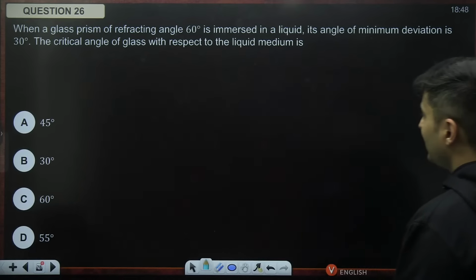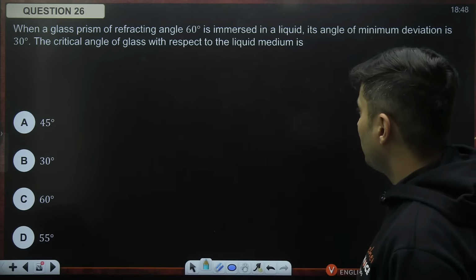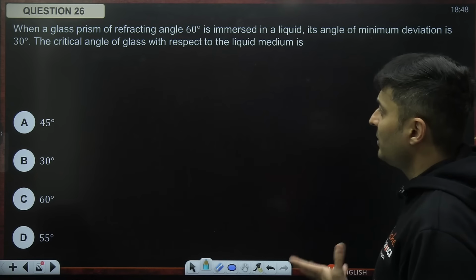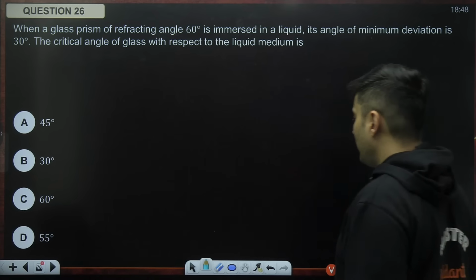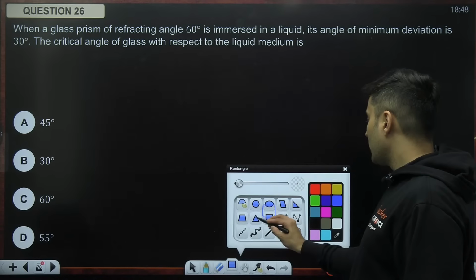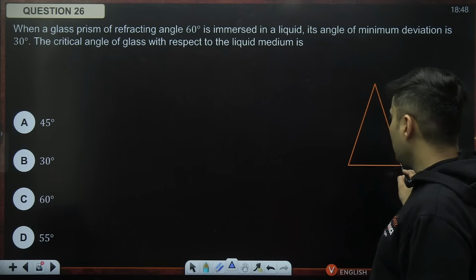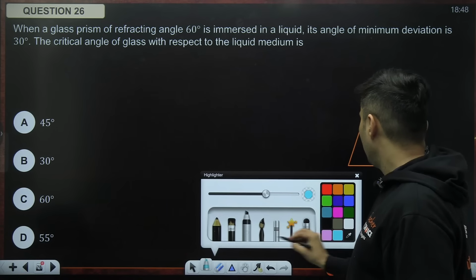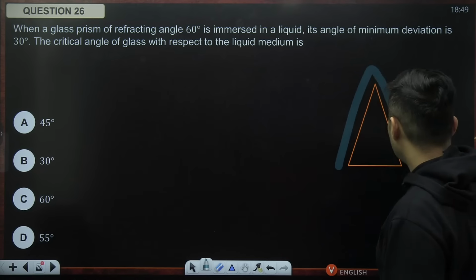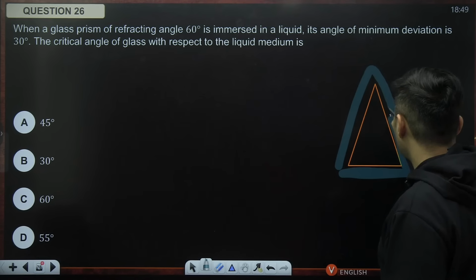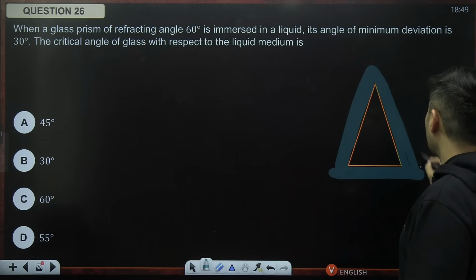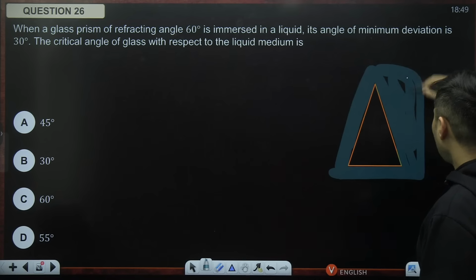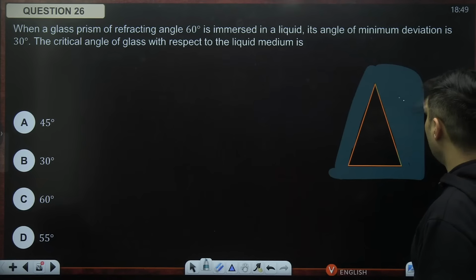A glass prism with refracting angle 60 degrees, immersed in a fluid, has a minimum deviation of 30 degrees. The critical angle of that glass with respect to that medium is how much? So we have taken that glass prism and placed it inside some kind of fluid, and it has minimum deviation.